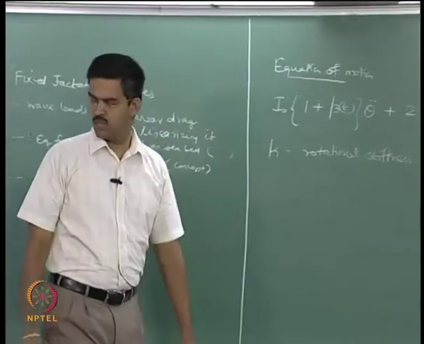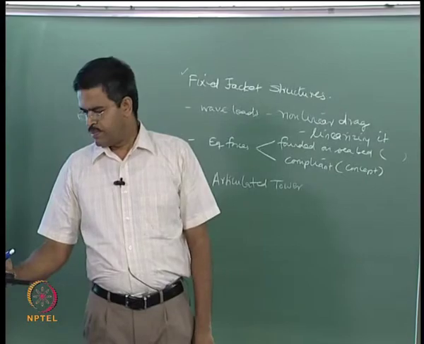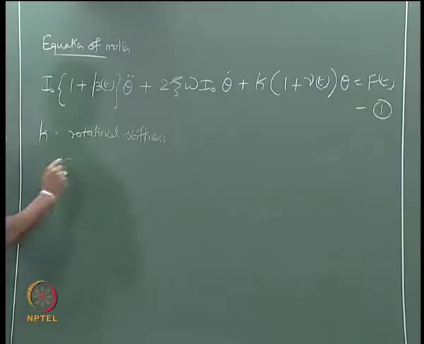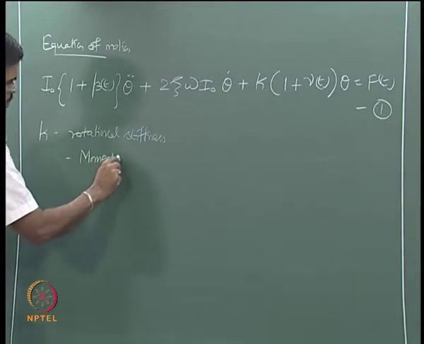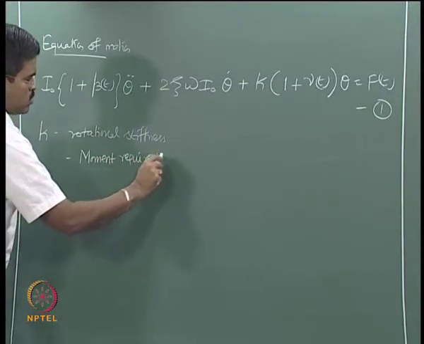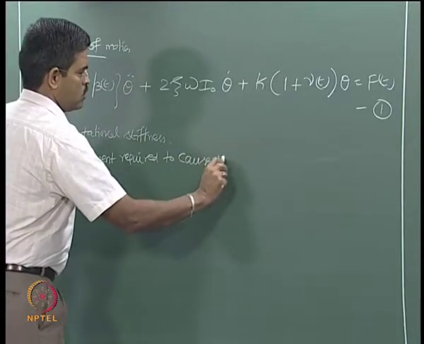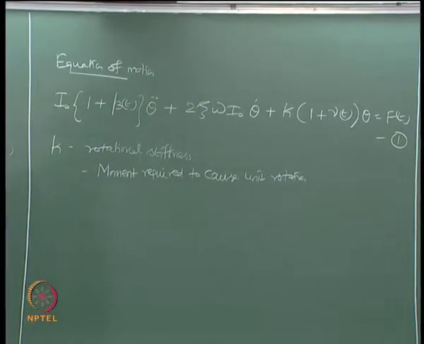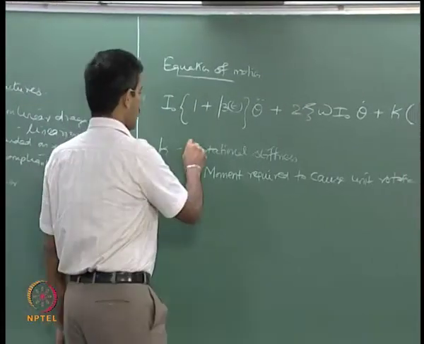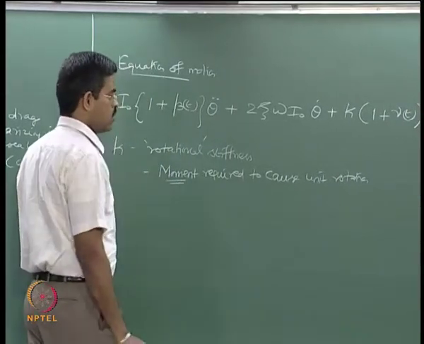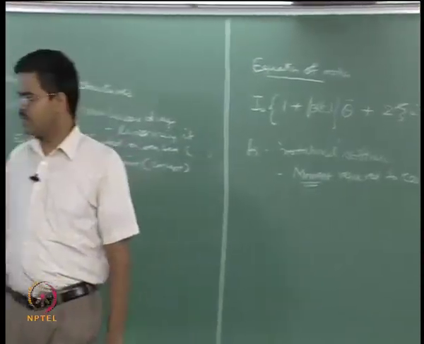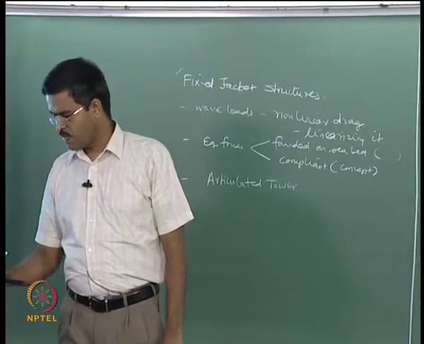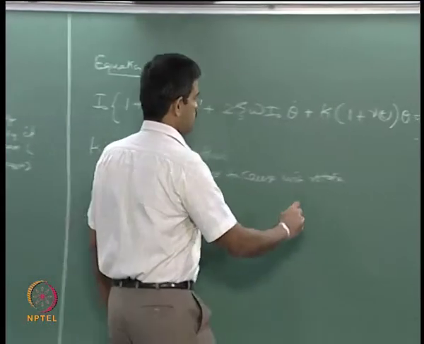K is the rotational stiffness, which is nothing but the moment required to cause unit rotation. Stiffness is the force required to cause unit displacement. Similarly, here it is rotational stiffness, therefore we say it is the moment required to cause unit rotation at the base of the hinge when the tower is in the undisplaced position.